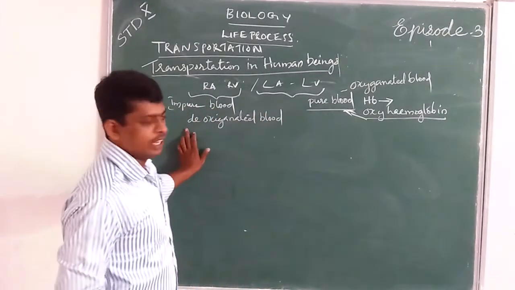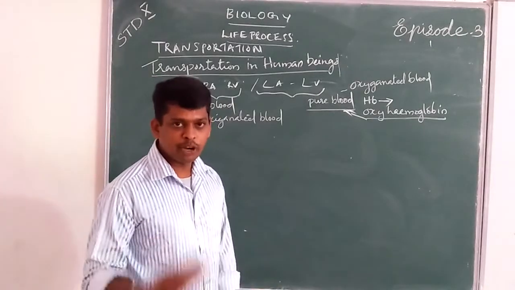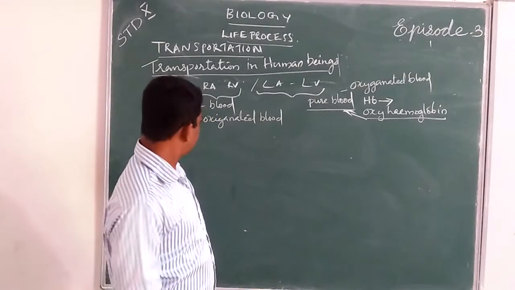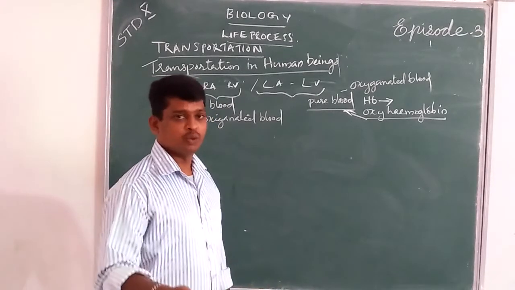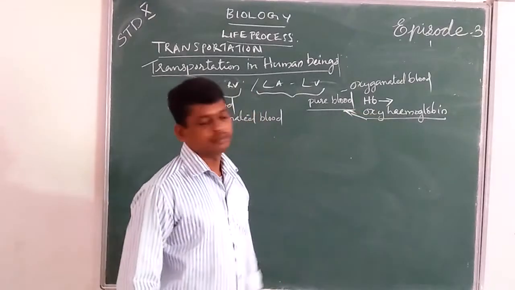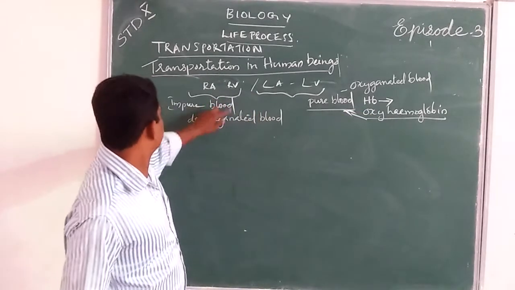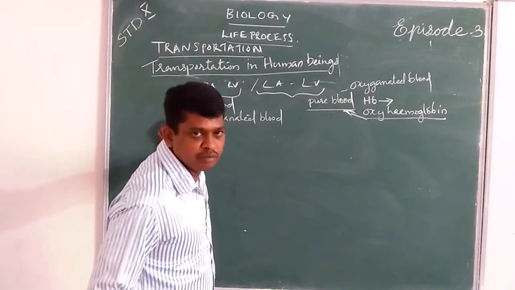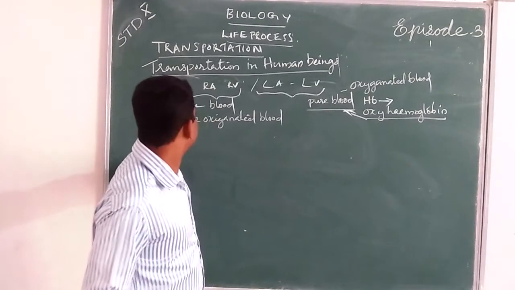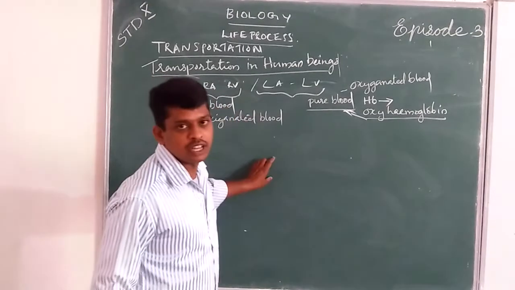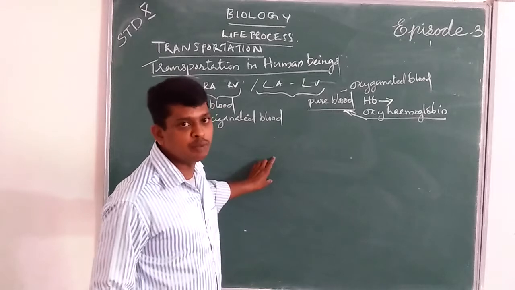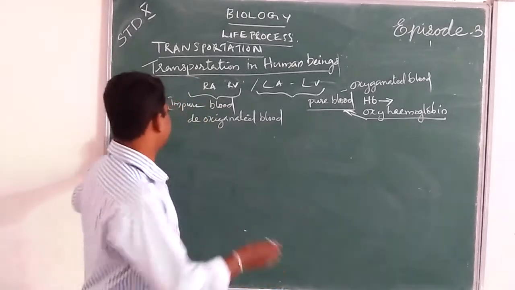Impure blood has carbon dioxide. Carbon dioxide has great affinity to hemoglobin. So this blood containing more carbon dioxide is known as carboxyhemoglobinated blood.